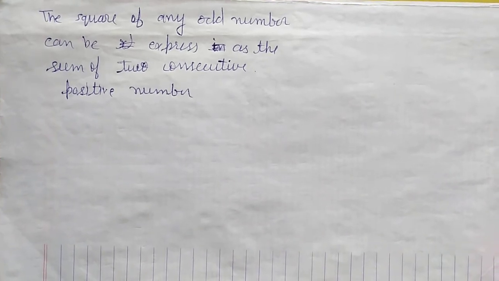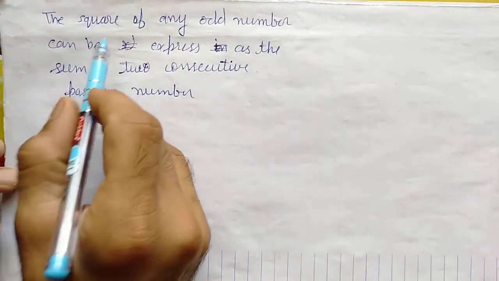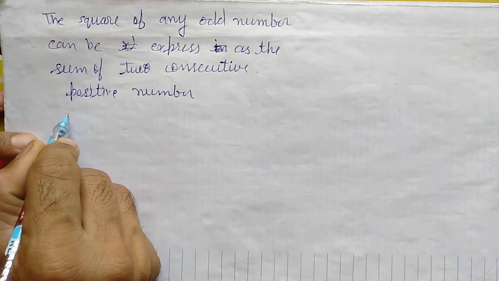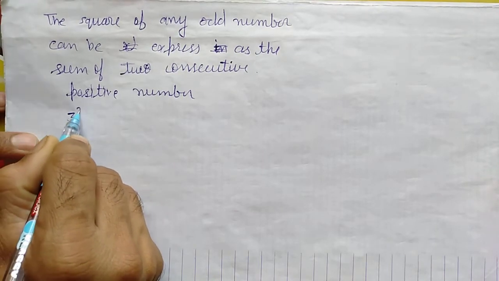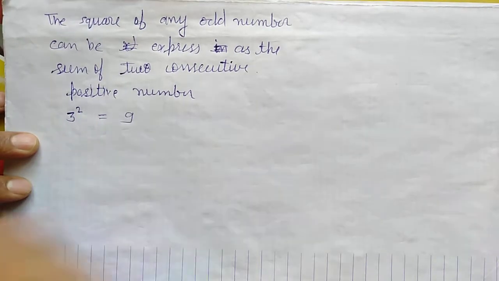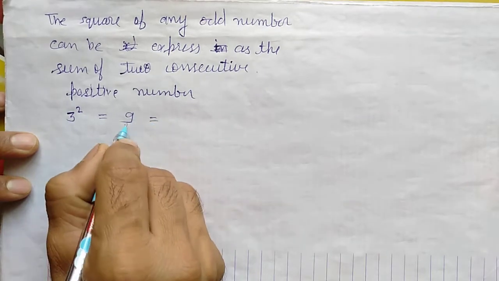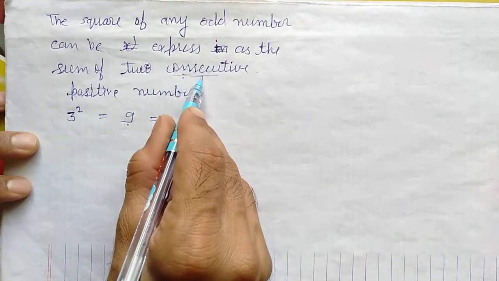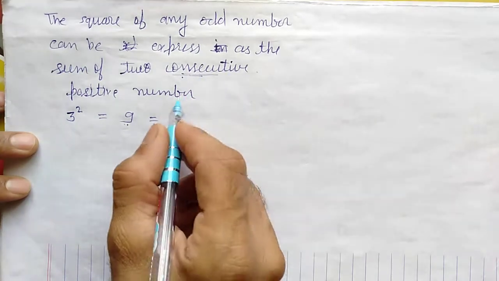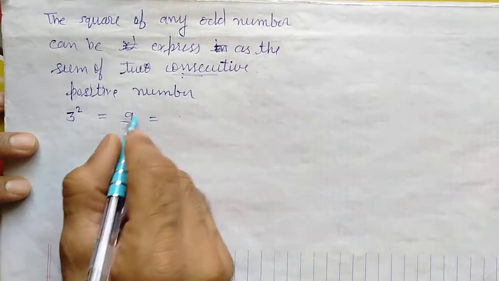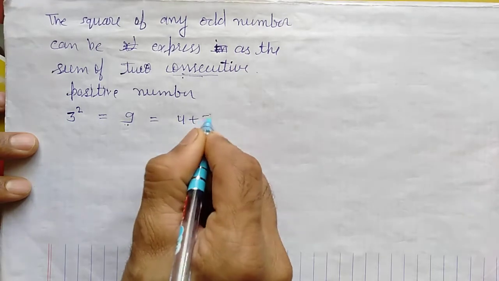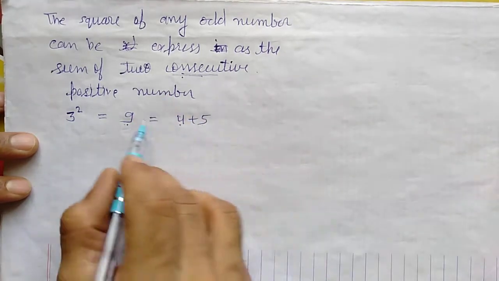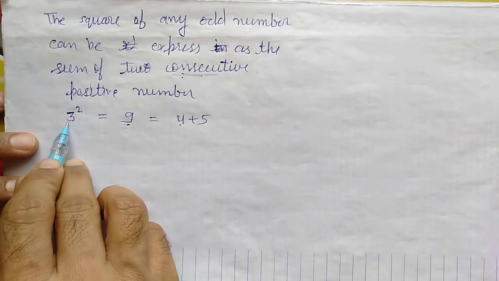How is it? Let's take one example. Square of any odd number. Suppose one odd number is 3 and the square of 3 is 9. So can we express this in the form of two consecutive numbers? Consecutive means they come continuously in the numbers. So is this a sum of 4 plus 5 or not? 4 plus 5 equals 9, and this is the square of 3.